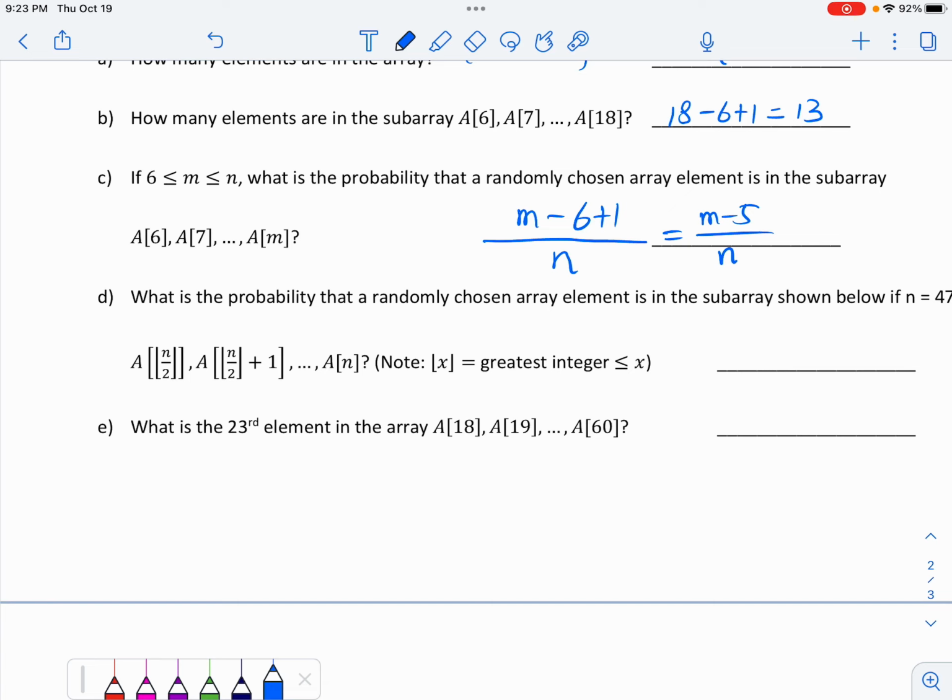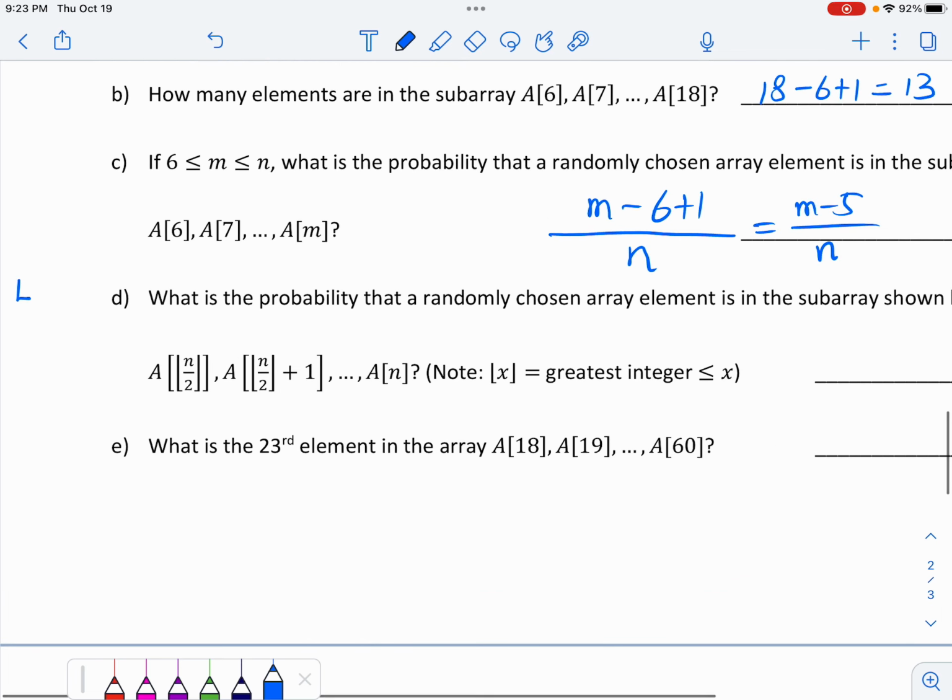For instance, when we say greatest integer of, say, 1/2, that means you want to find the greatest integer that's less than or equal to 1/2. So in this case, this has to be 0, right? 0 is the greatest integer less than or equal to 1/2.